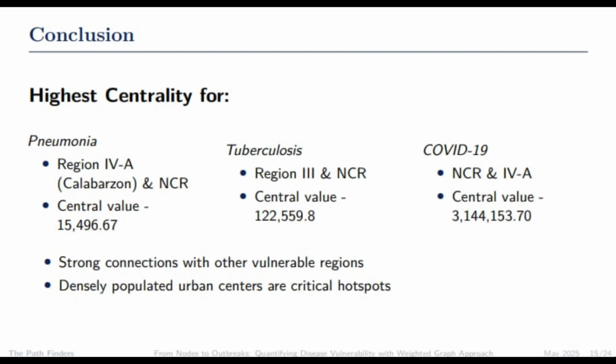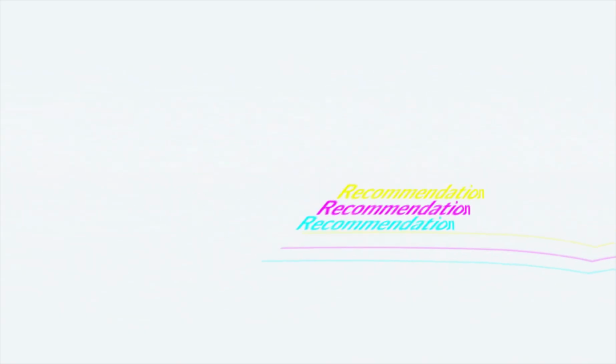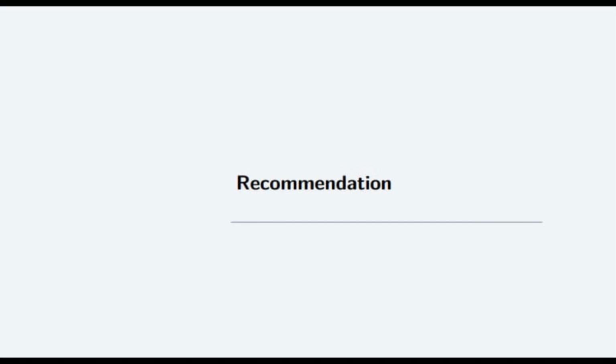In this model, regions were represented as nodes and their interconnections as edges, determined by factors like population density, geographical proximity, and historical disease data. For the recommendations, based on the study, we propose the following.